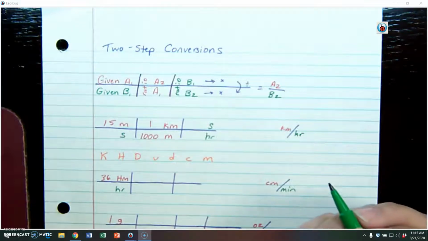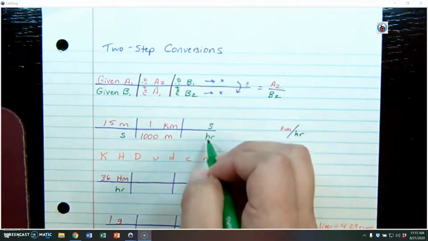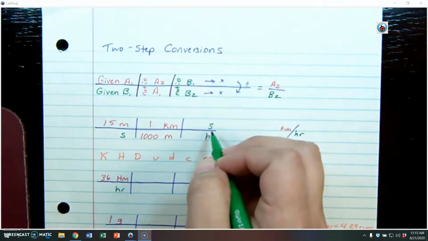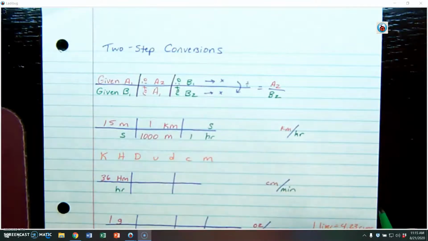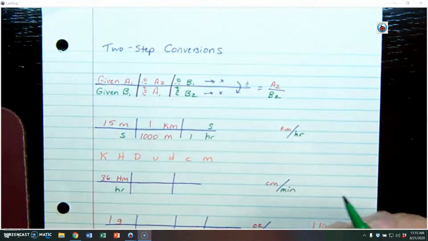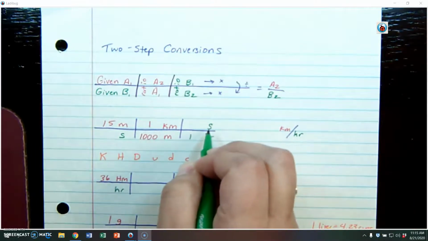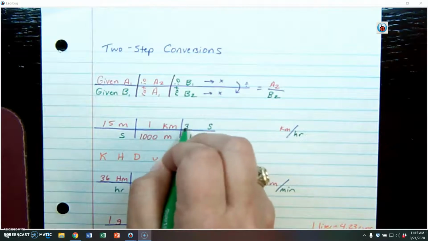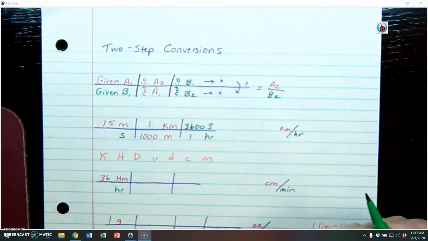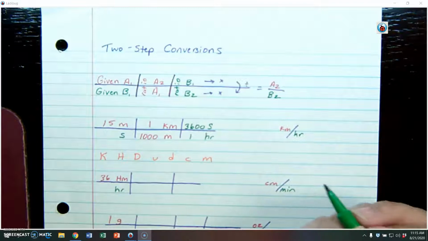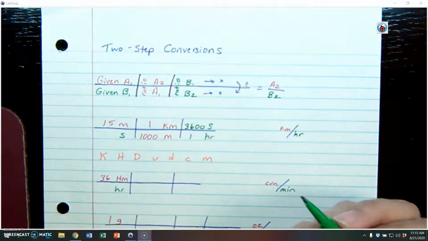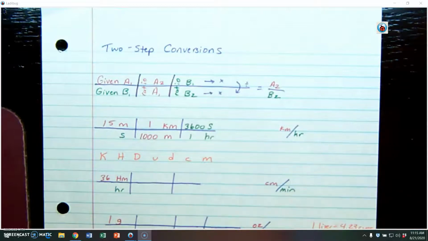Okay? Now we ask ourselves, which is the bigger measurement? Well, hours is much bigger than seconds. So 1 hour is the same thing as, if I give you an hour of detention, then that would mean the same thing as you having to sit there for 3,600 seconds. And to figure that out, you know that there's 60 minutes in an hour and 60 seconds in a minute. 60 times 60, 3,600.